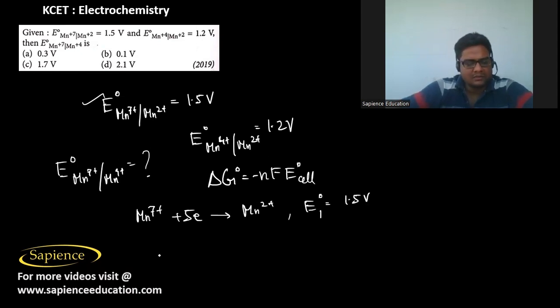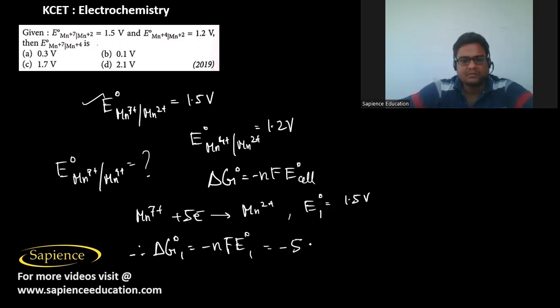Now therefore delta G naught 1, the Gibbs free energy change for the first reaction, is minus NF E naught 1. Now here 5 electrons are involved, so N will be 5. So it is minus 5F into E naught 1.